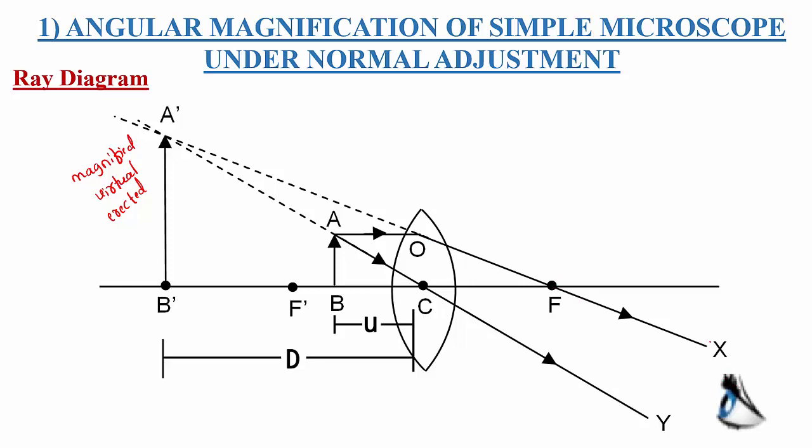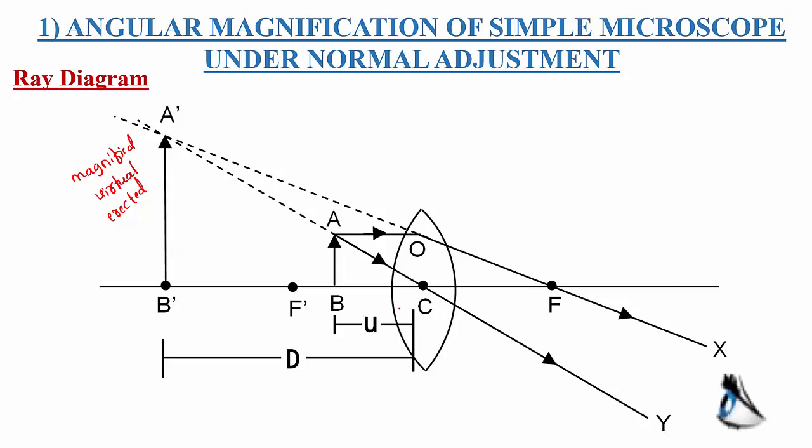Now we are observing these two refracted rays X and Y. When observed by the person, these refracted rays appear to come from the point A dash. They seem to converge at A dash, but remember it is not real, it is just an assumption. So we get the image on the same side of the lens, A dash B dash. This image is magnified, virtual and erect.